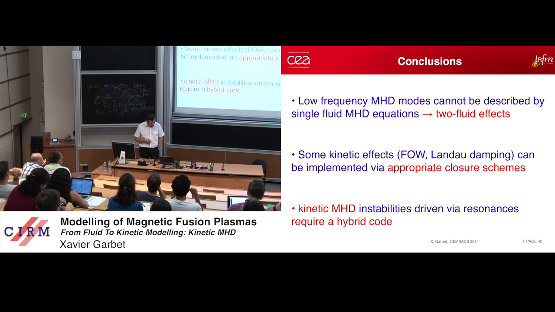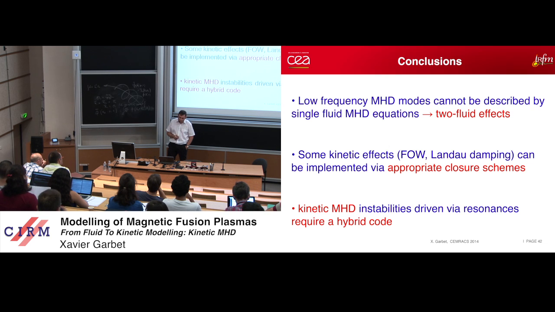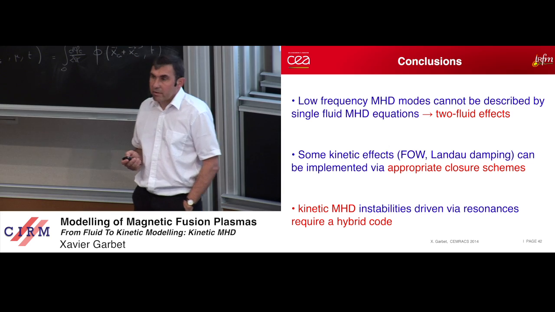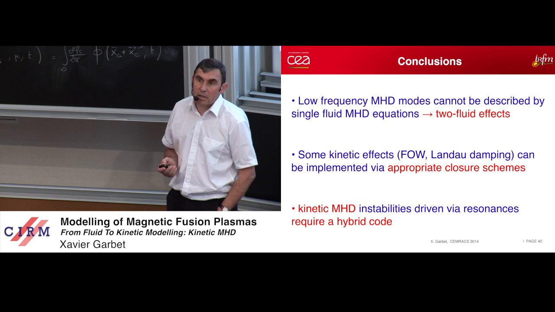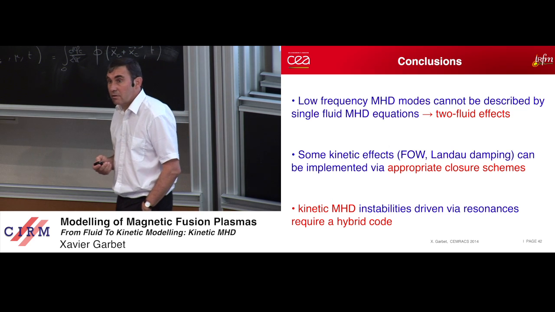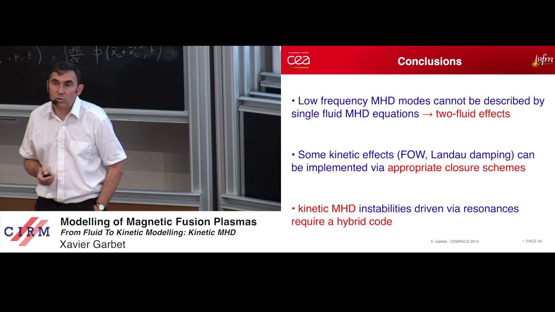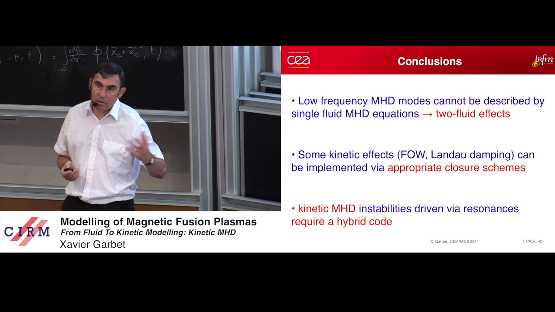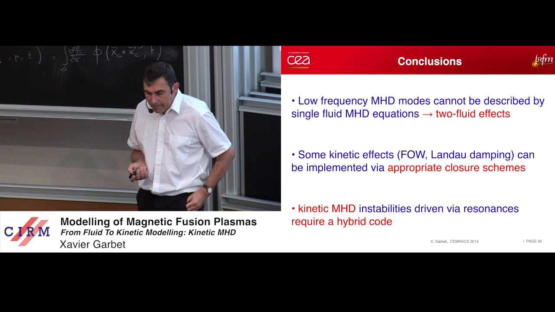If you want more, that is kinetic effects like finite orbit width, or finite Larmor radius effects, and Landau damping, you can do that with closure schemes, but in practice it's not done much because it's very tricky. If you move to a situation where the particles have a resonance, driving the mode resonantly, then you have to move to a hybrid code where you couple a fluid code with a kinetic code.